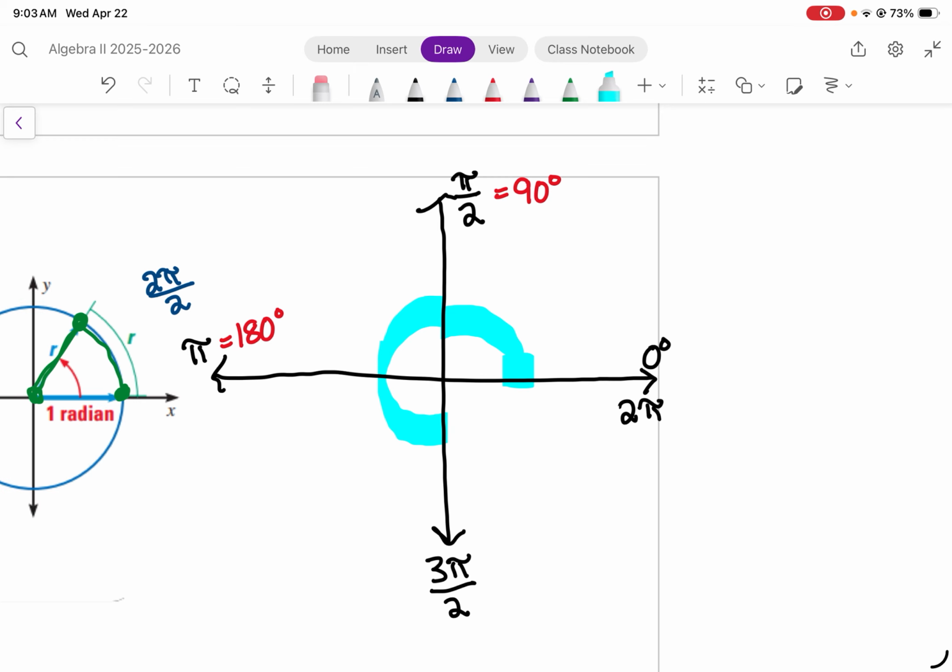And then if we went another 90 degrees, that one would be 4 pi over 2, which we know 4 divided by 2 is 2 pi. So these are equal to each other. So every time we are counting, we're just counting in terms of fractions.